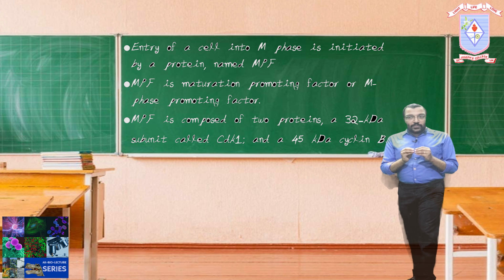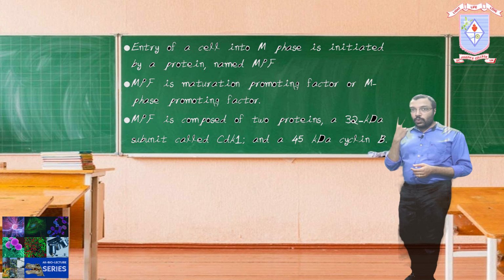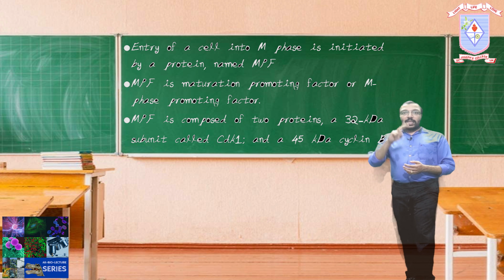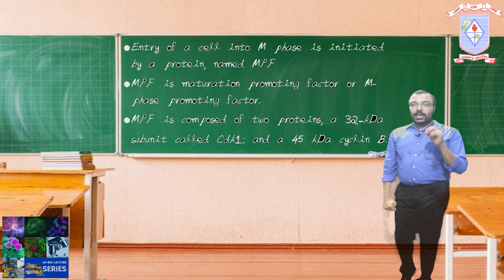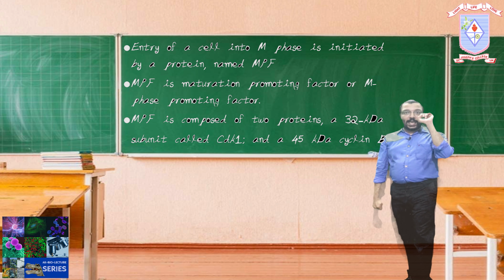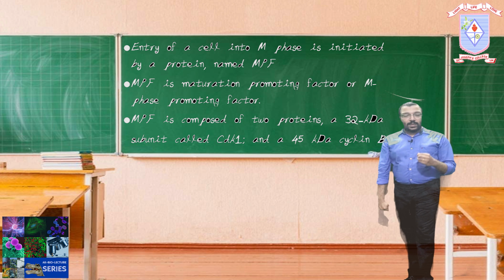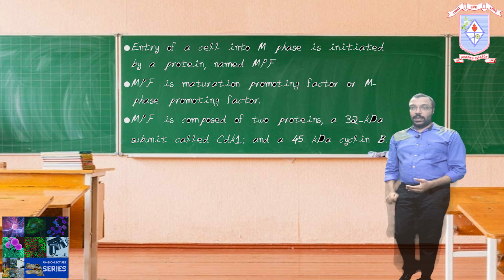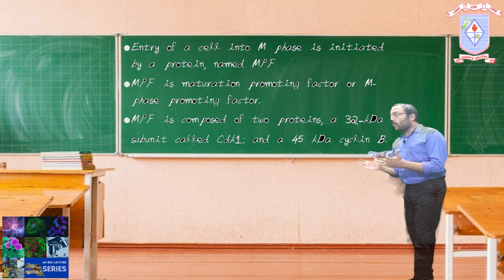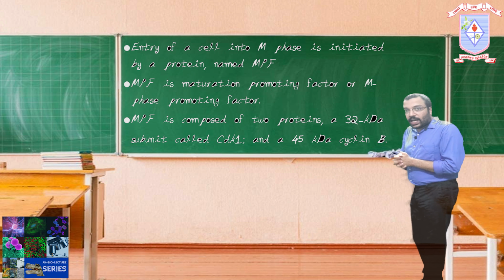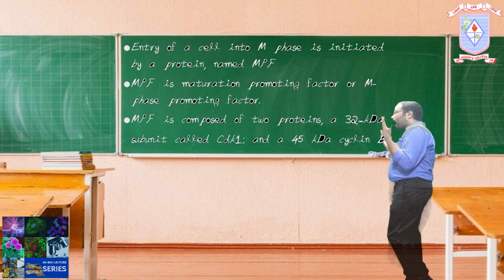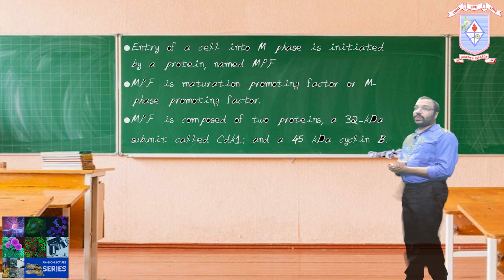And MPF is composed of two proteins, a 32 kilodalton subunit called Cdk1 and a 45 kilodalton protein called cyclin B. These two proteins associate with one another to form the active MPF.